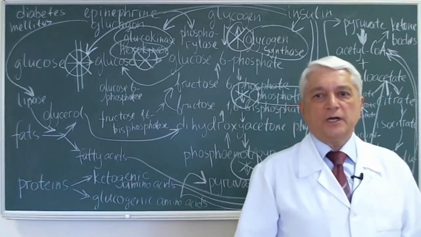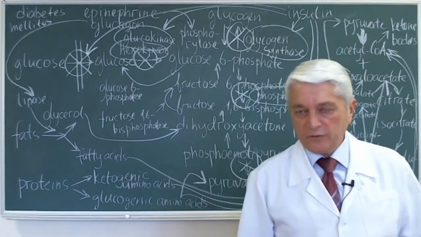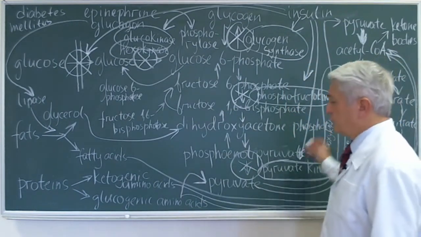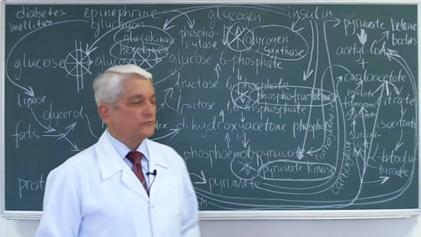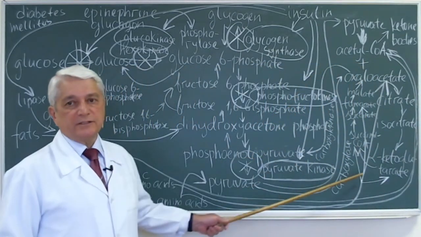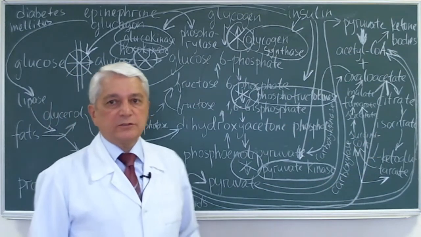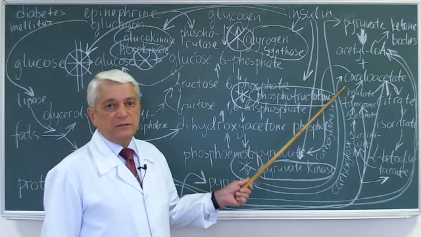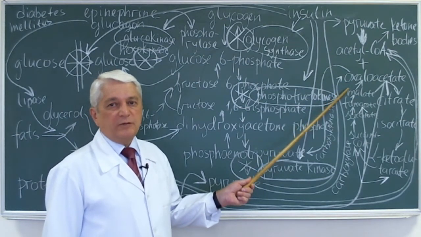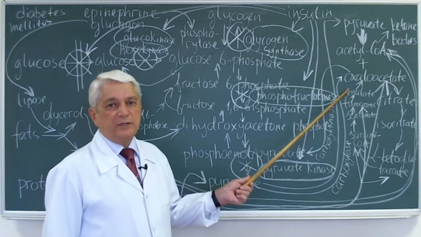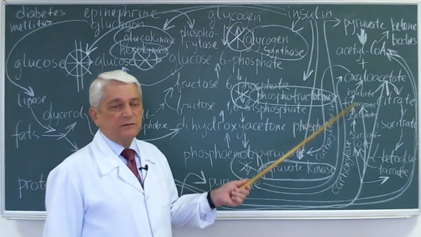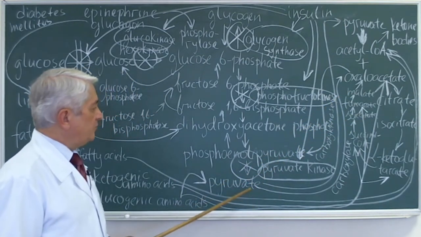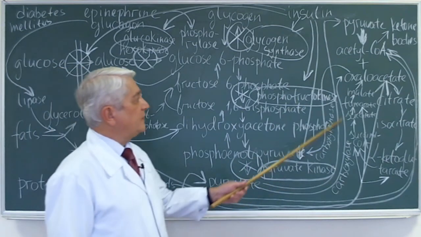In the case of diabetes mellitus, we also have problems with the citric acid cycle. Why? Because for the citric acid cycle we need enough concentration of oxaloacetate. But from where are we receiving oxaloacetate? One of the main ways is carboxylation of pyruvate.